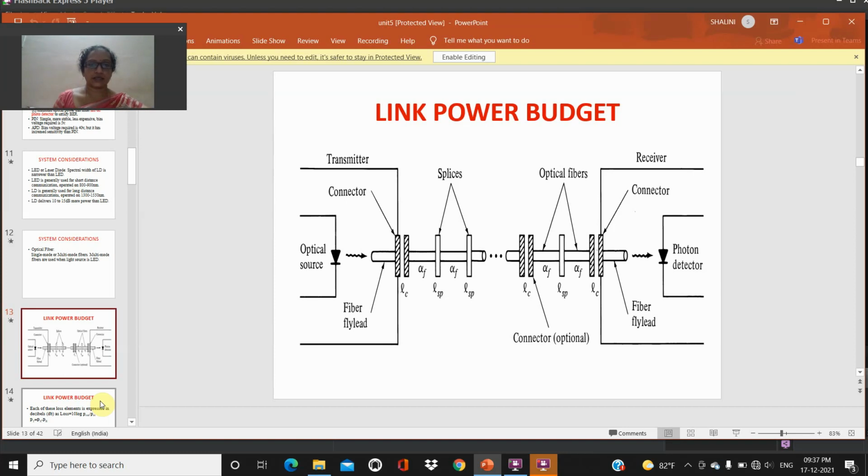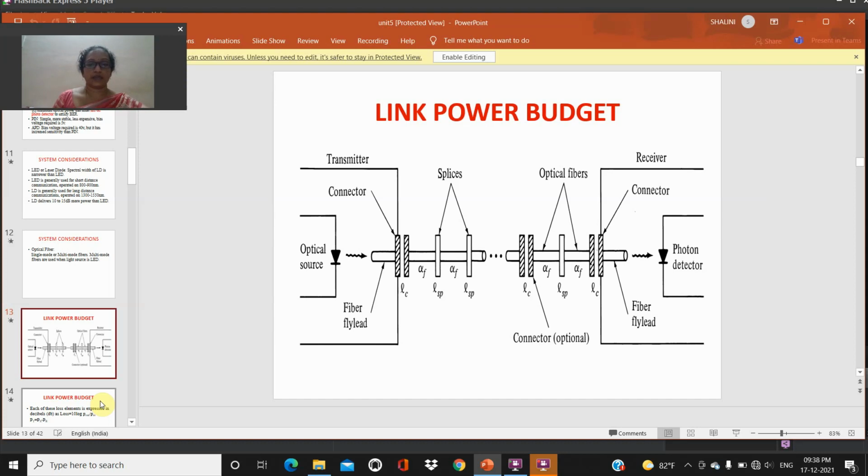In the transmitter section, the optical source emits optical energy, and that energy is propagated along the optical fiber, and there will be some splices. These splices are again connected to another optical fiber.